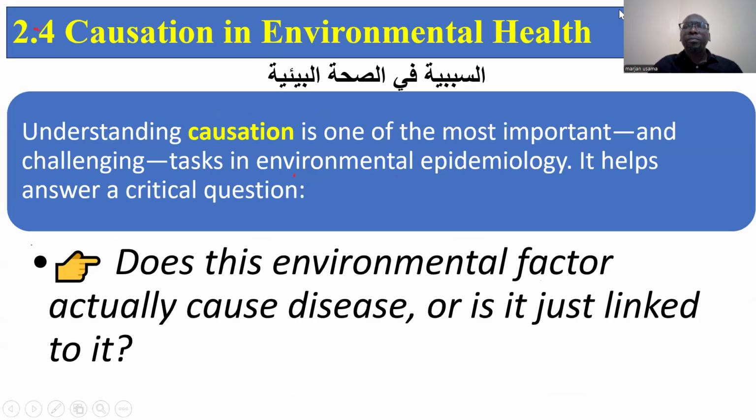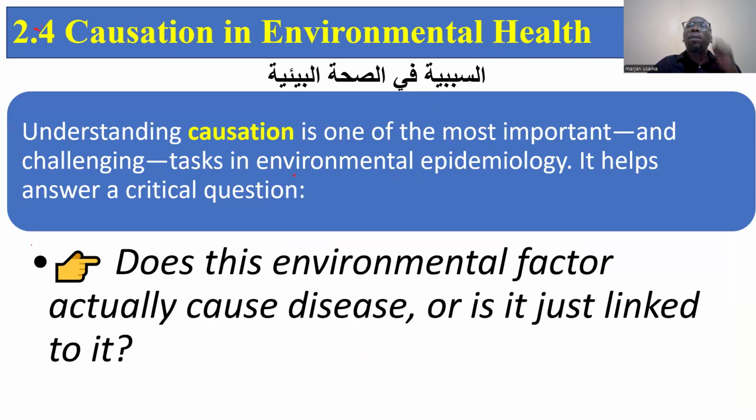Now, the last part of our lesson is about causation in environmental health. As-sababiyya fi as-sihha al-bi'iyya. This is very important. Because of time, we only have 1 minute remaining.